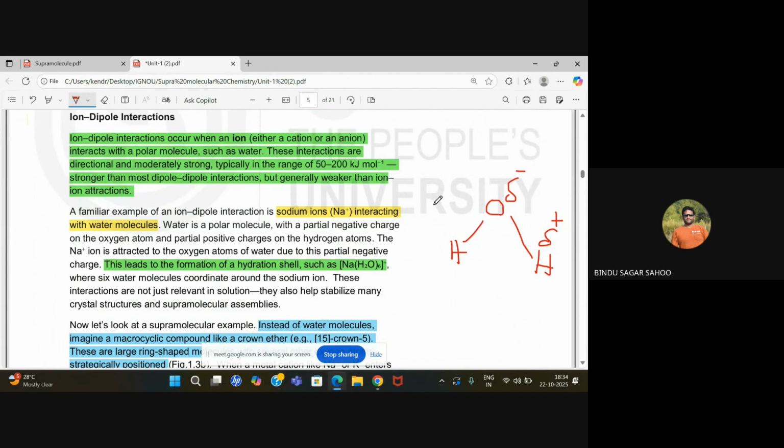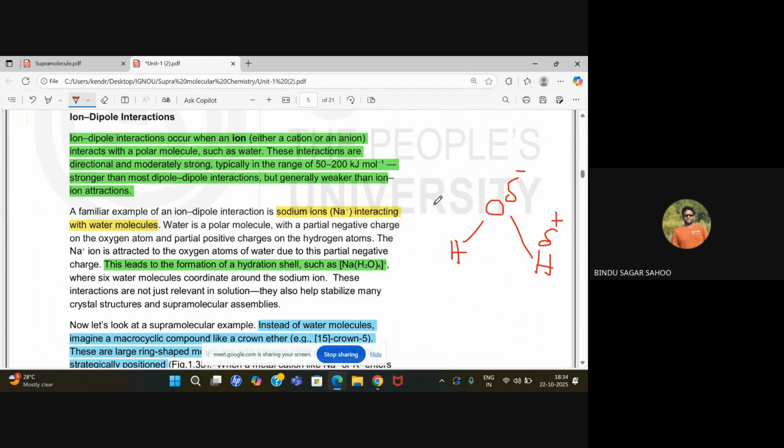If you add a solid crystal to a solvent and a complete separation occurs, that means the cation and anion are completely separated, then I can say the solubility will be more.